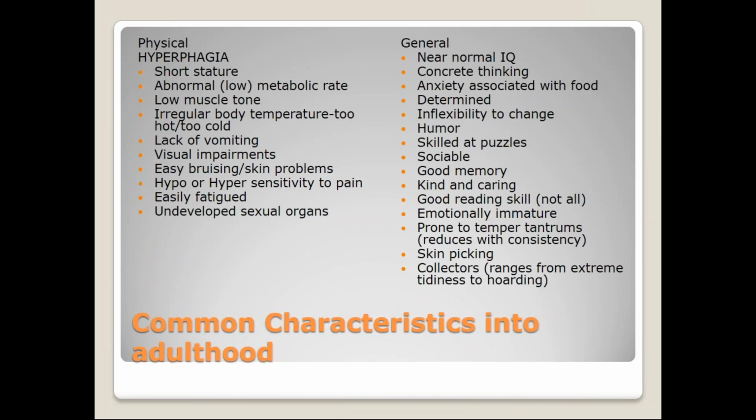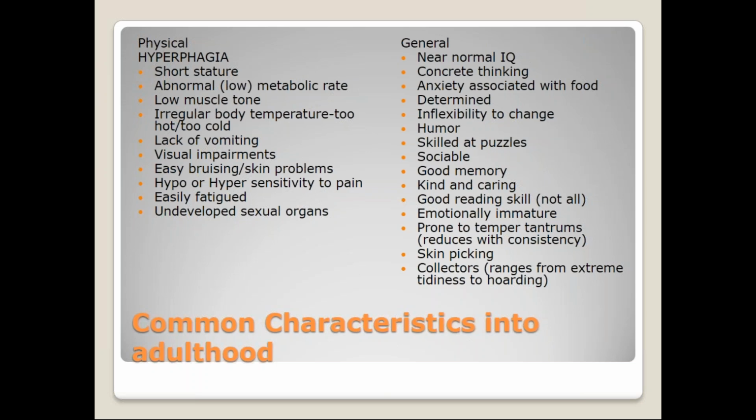Now here are the characteristics that occur into adulthood. Physically, people with Prader-Willi syndrome have hyperphagia. That means excessive eating. With free access to any food, a person with Prader-Willi syndrome will overeat to the point of death.